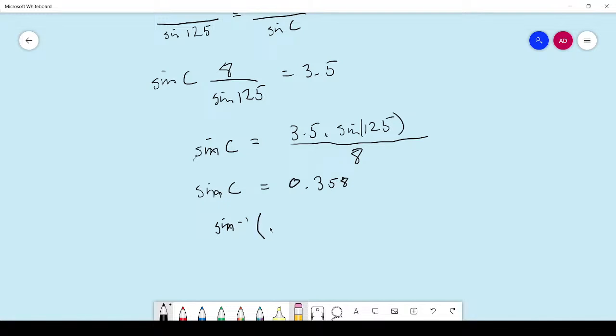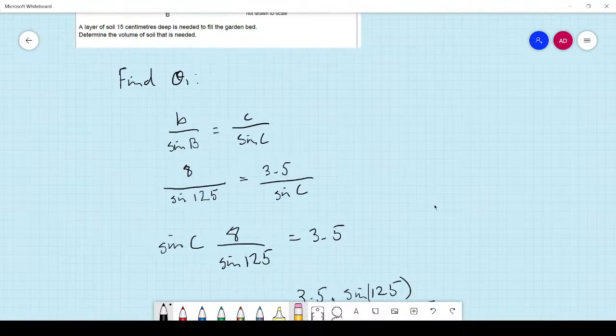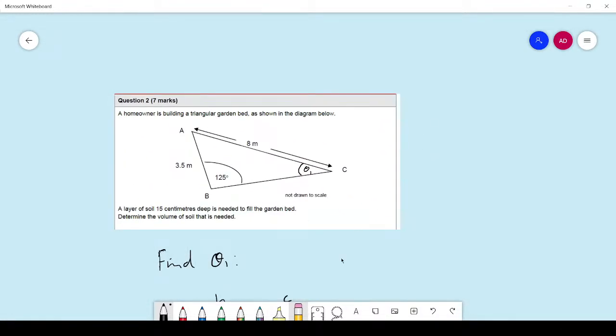Sine to the power of -1 of 0.358 should give us the angle C. So 0.358, inverse sine, C equals 21 degrees. So theta 1 equals 21 degrees, and we can write this angle as 21 degrees.